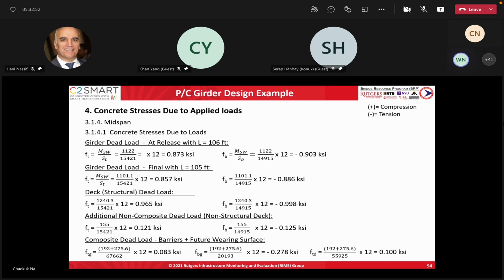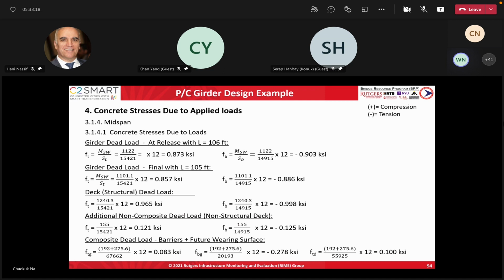Now that we have everything, we need to recheck to make sure that it works at every section and at every loading. So, for instance, we calculate the stresses in the top and the bottom part of the girder. First, bear in mind that we have the girder itself, and we have the composite section, the girder and slab, and we need to check both.